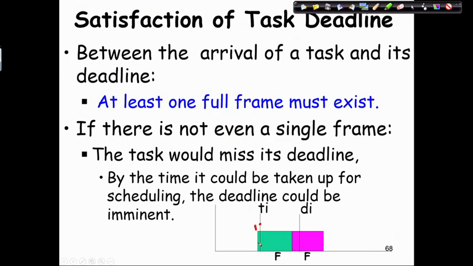So, it can only start at the starting of a frame boundary. But here the task has arrived just after the frame boundary. Obviously, it cannot run in this frame, and can only be taken up at the next frame boundary. But then when the task starts to execute at the next frame boundary, the deadline is very near, it cannot meet its deadline.